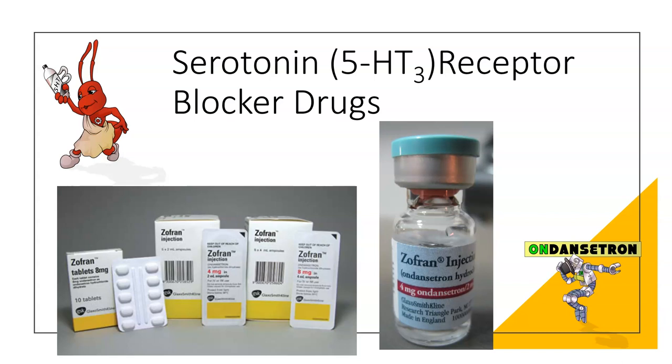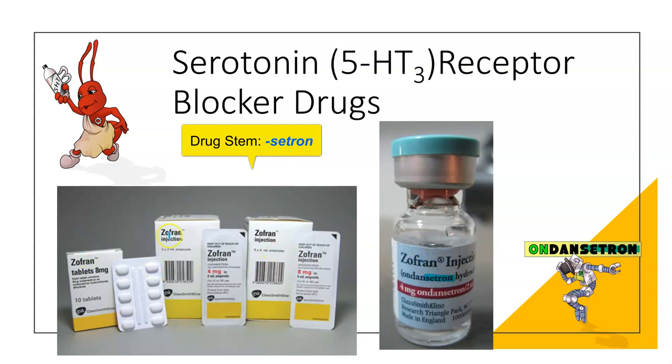Now, these were first developed for chemo-induced nausea and vomiting, but we also use them for post-op nausea and vomiting or intractable nausea and vomiting associated with migraine headaches, or if somebody even has the flu. Now, what do they have in common? Their drug stem is setron. So, ondansetron, and the brand name for that is Zofran.